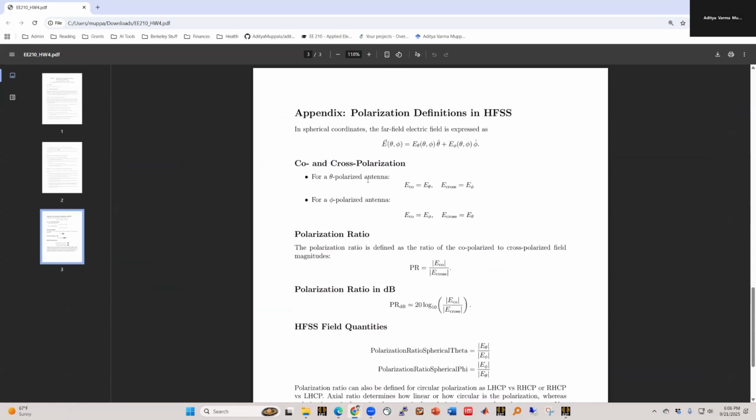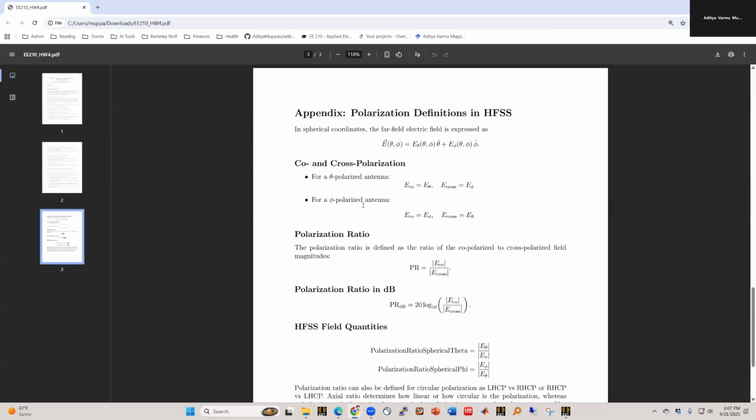So depending on what kind of antenna you have and how you've oriented it, if it's theta polarized, which means in the far field, E is along E theta, or it's supposed to be along E theta, then E copole is the E theta component and E cross pole is the phi component, which is cross to the co, right? That's how it's defined.